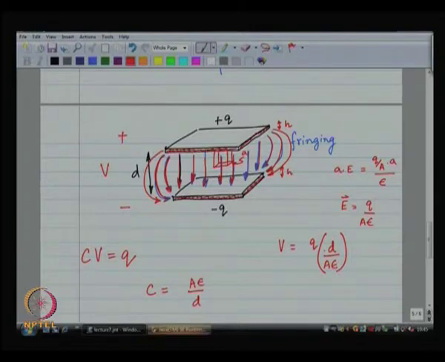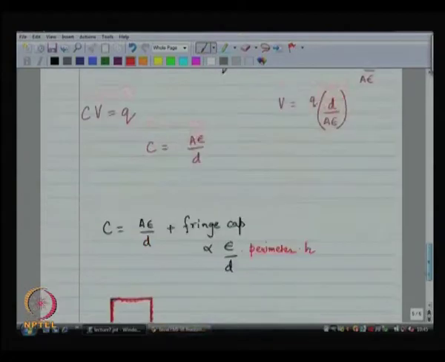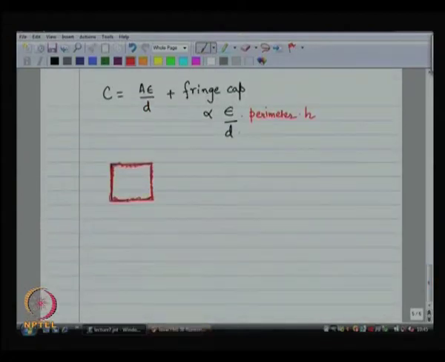So, the effective distance between the two plates is more than the distance, right. So, there is going to be some fuzz factor over here. Fine. So, this is the extra capacitance that you get because of fringing.